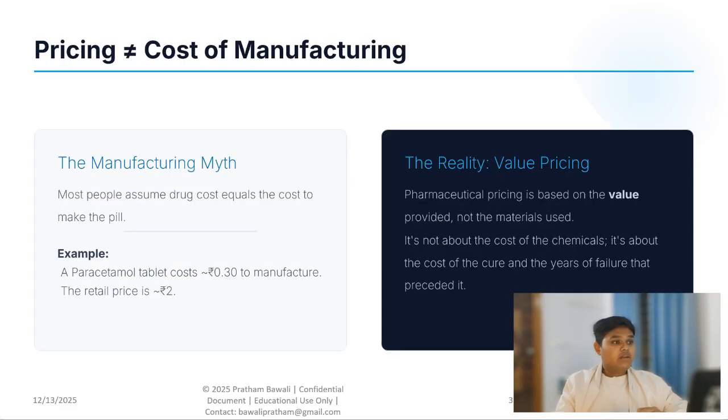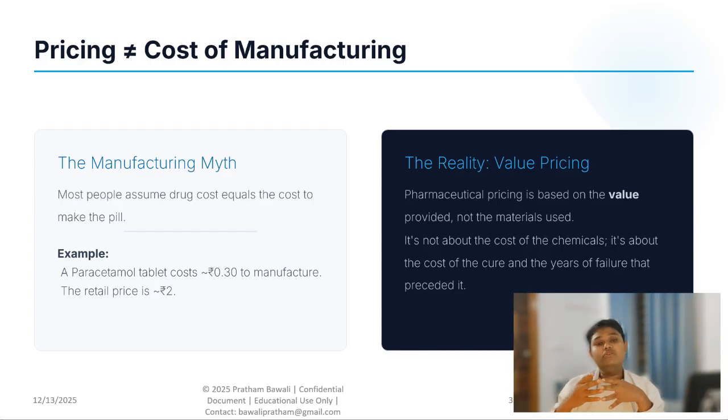So pricing is not equal to the cost of manufacturing. That is the first thing we have to know. The manufacturing myth. Most people assume that the drug cost equals the cost to make the pill. Example, a paracetamol tablet costs 0.30 paise only to manufacture, and the retail price is 2 rupees.